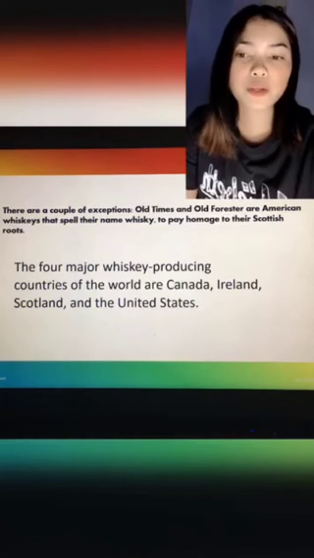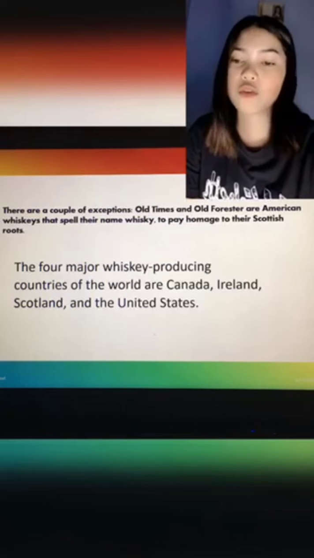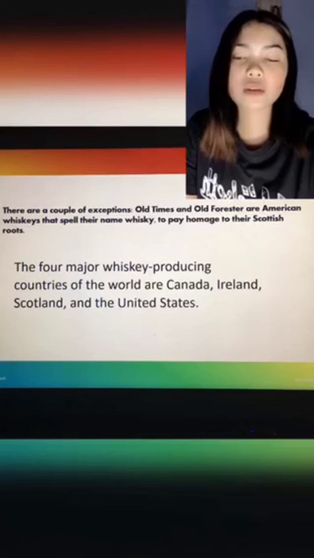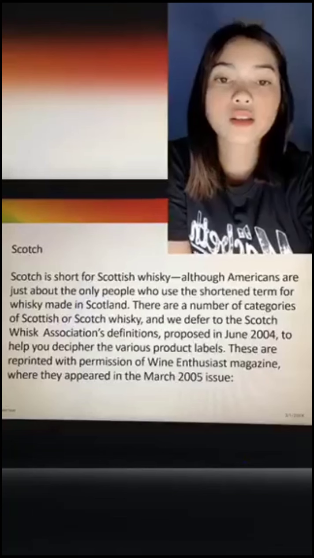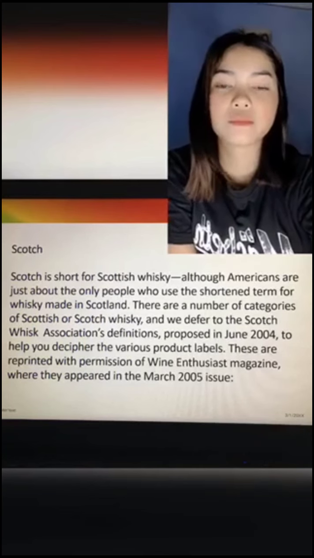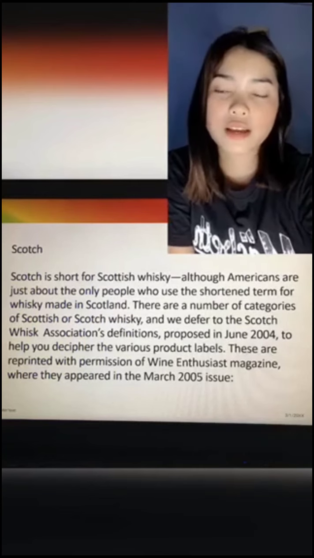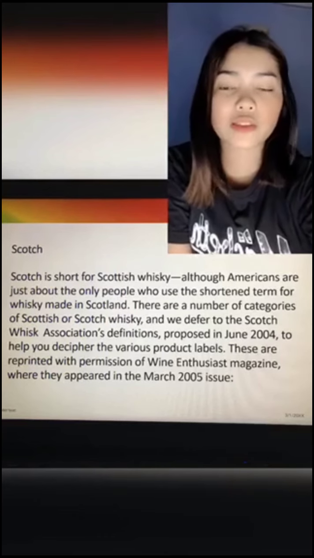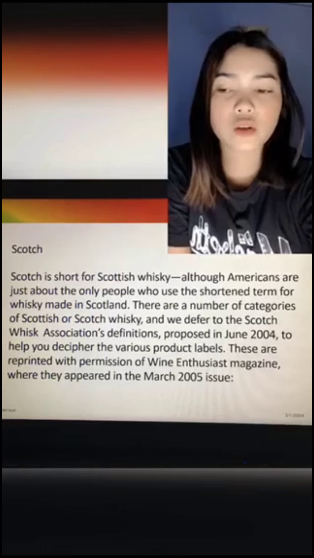The four major whiskey producing countries of the world are Canada, Ireland, Scotland, and the United States. Scotch is short for Scottish whiskey, although Americans are just about the only people who use the shortened term for whiskey made in Scotland.